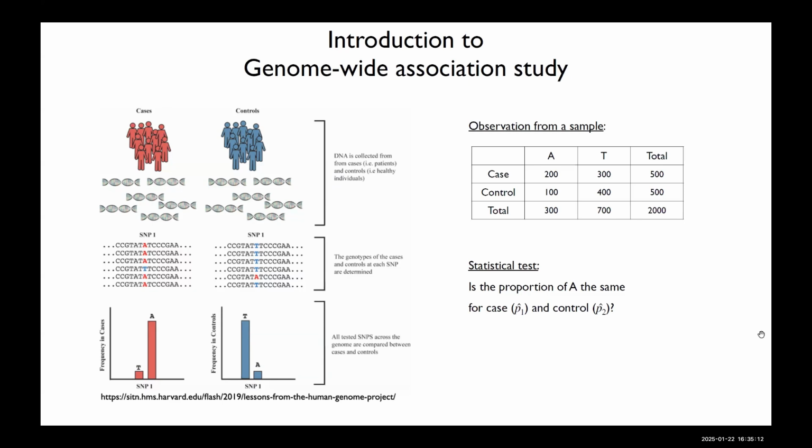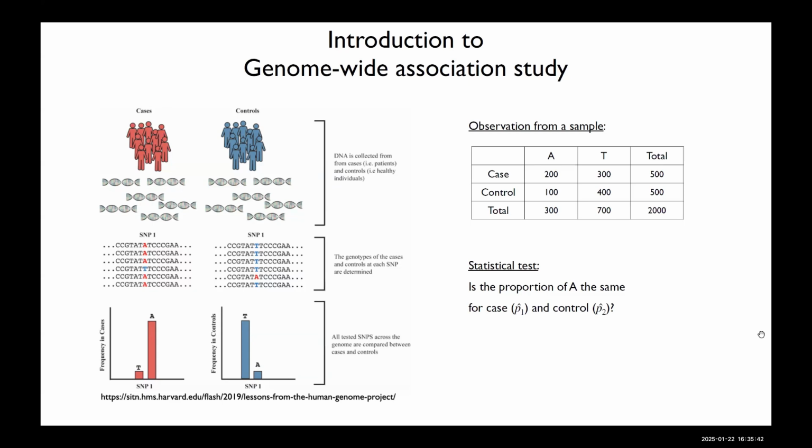There is an apparent difference, but we need to test whether this apparent difference is big enough to say that there is a true difference between these two groups, rather than it just coming from random chance. Because if you sample A from a large population, the proportion of A in one sample can be different from another sample.